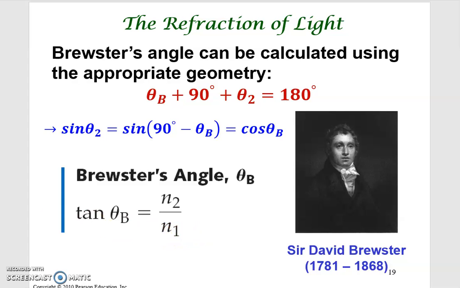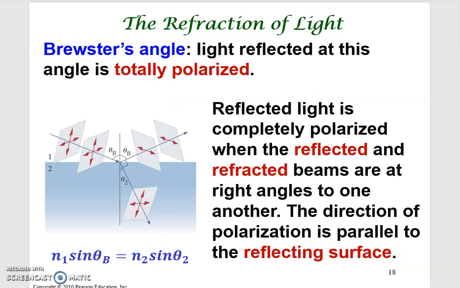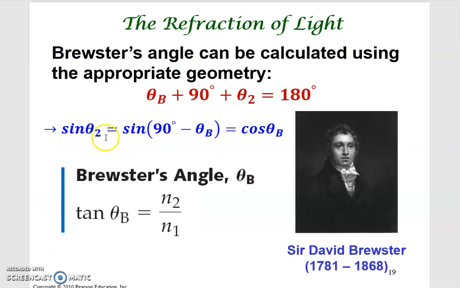If you take a look at the sine theta 2 used in Snell's law, what is theta 2? It is the refracted angle. So sine theta 2 is actually sine of 90 minus theta B. You will say why? Let's look at this formula carefully. If you subtract 90 from both sides, theta B plus theta 2 is 90 degrees. Agree?